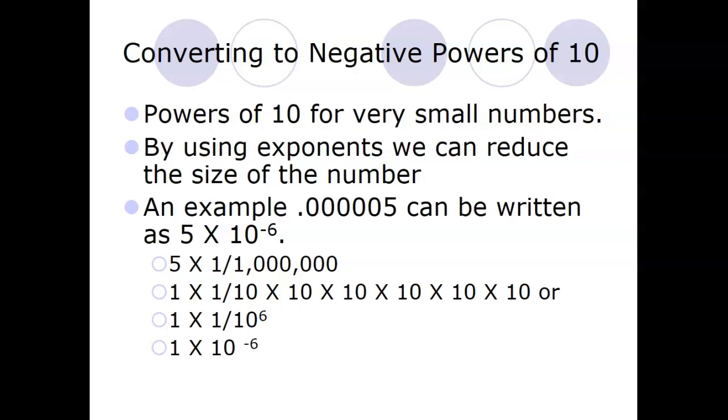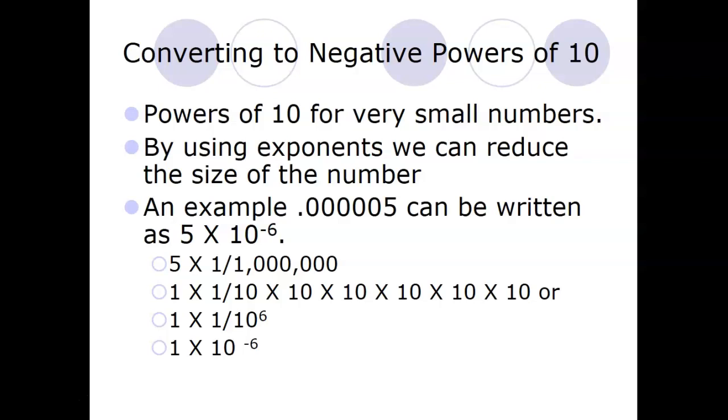You have to count how many times you move it. Okay? So I moved it 1, 2, 3, 4, 5, 6 times. And I did that because I wanted a positive number to deal with.